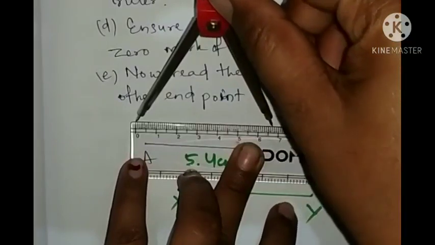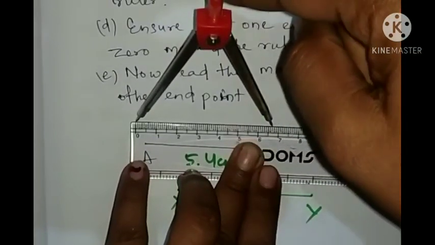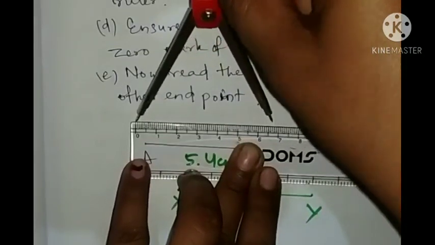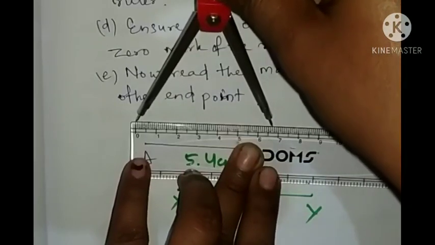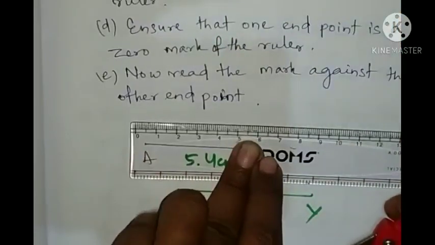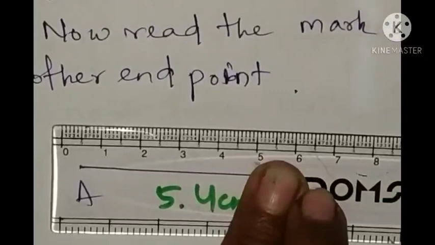Okay, it is in 6.6. It is easily visible. Look at here, it is 6.7. Okay, I'll zoom it so that you can see very easily.